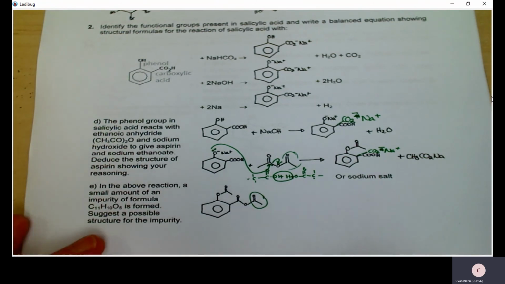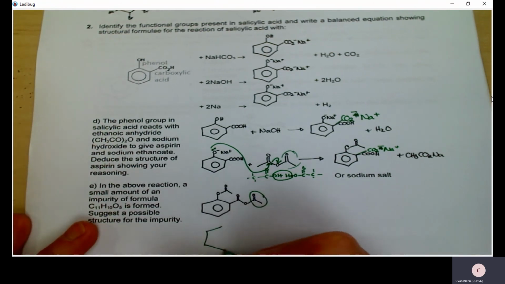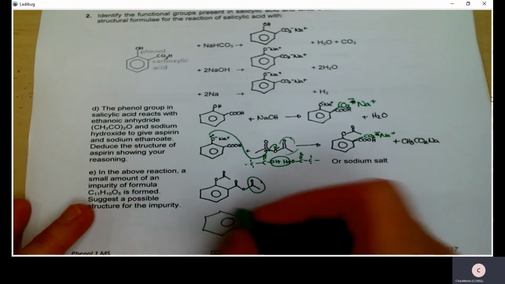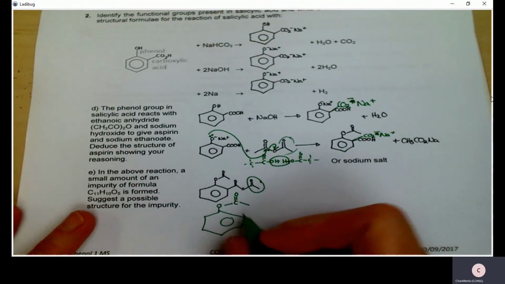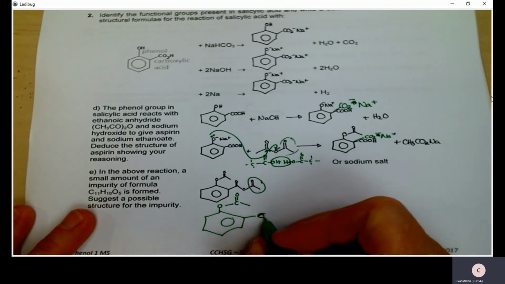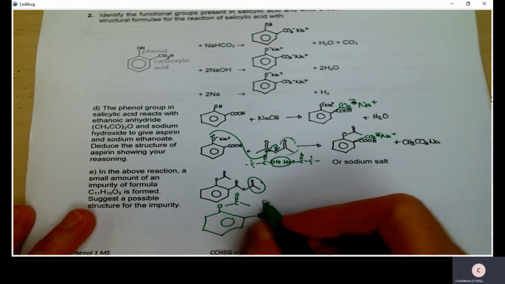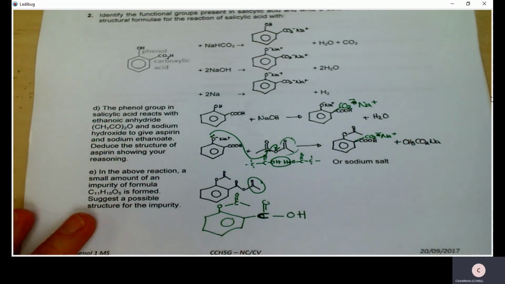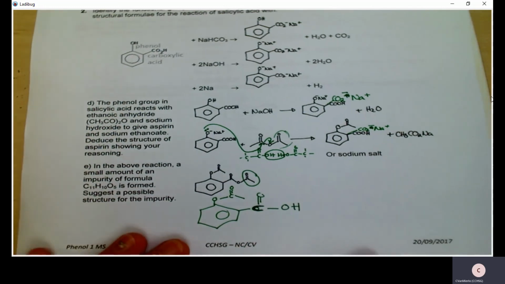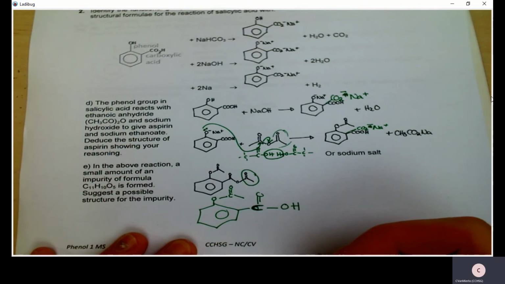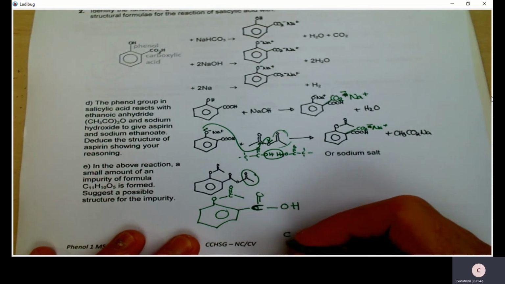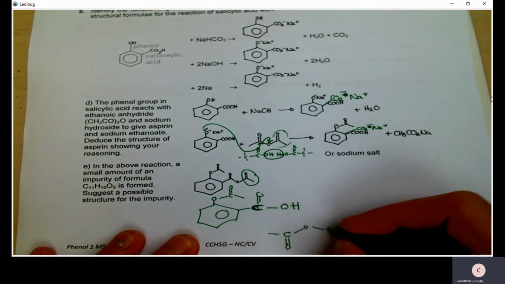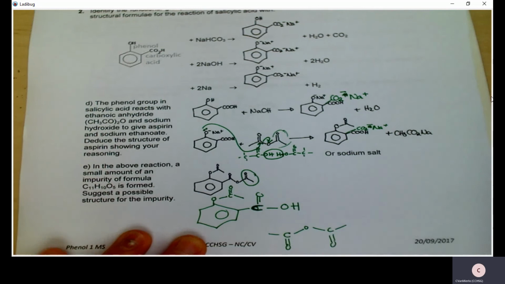But remember, what we had before was our ester structure like that with our carboxylic acid group here. And we've got our anhydride. So we've got C double bond O methyl group, O, C double bond O methyl group, like that.